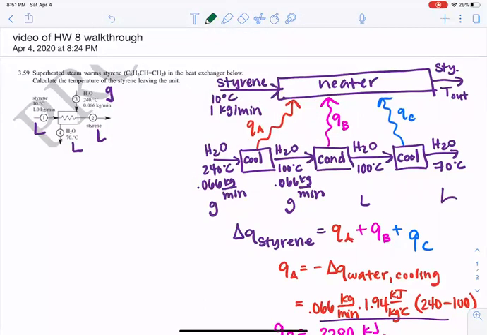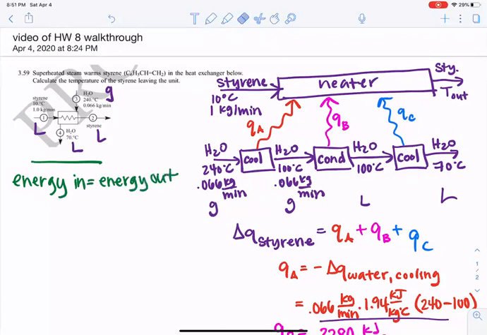So the way I like to do it is, to me, a little more intuitive. And I just sort of look at this process flow diagram and I say the heat energy in equals energy out.